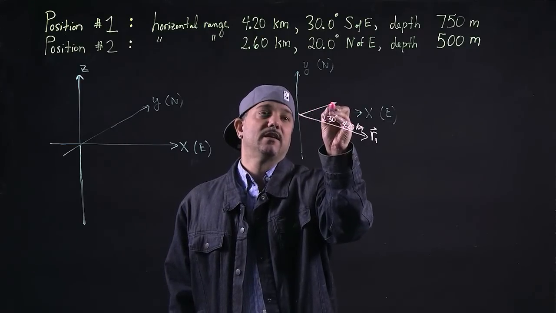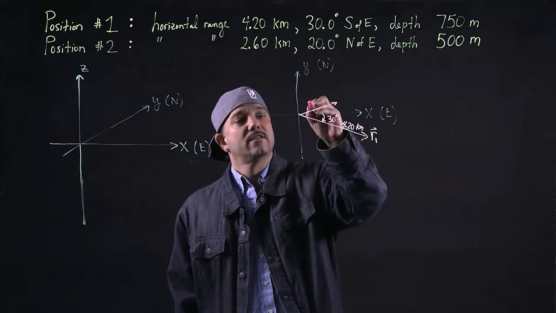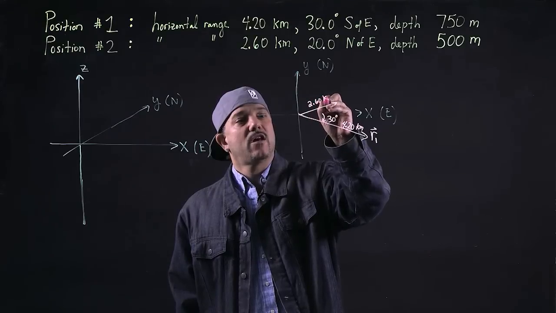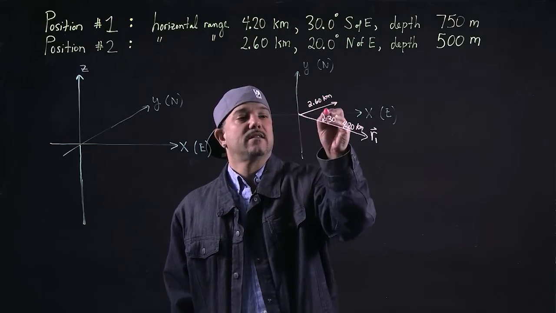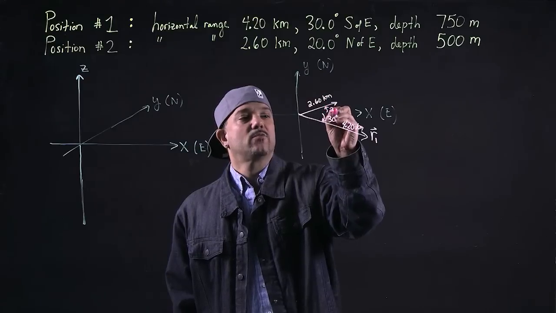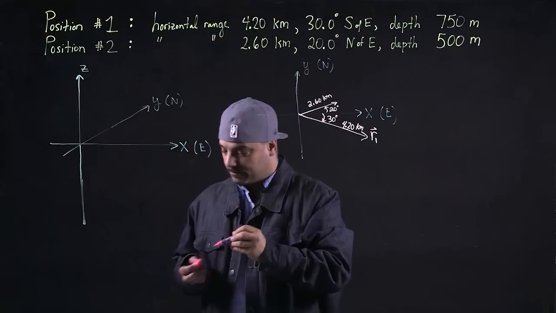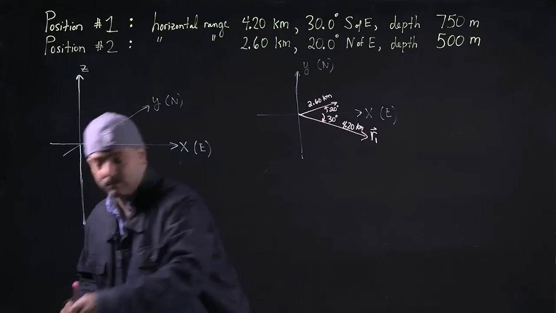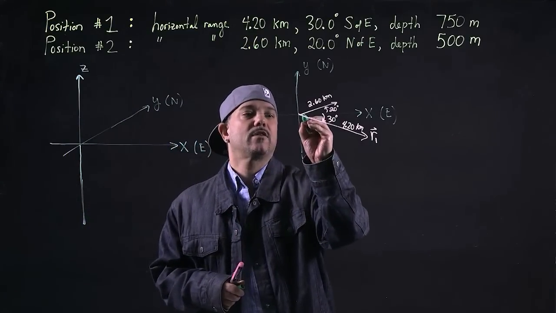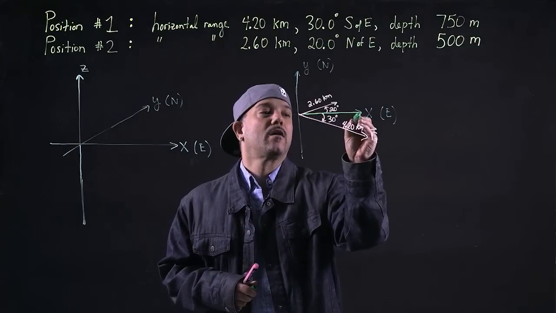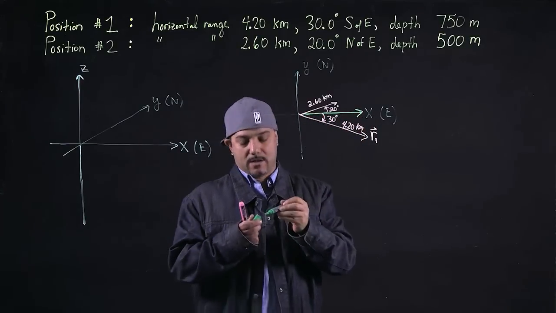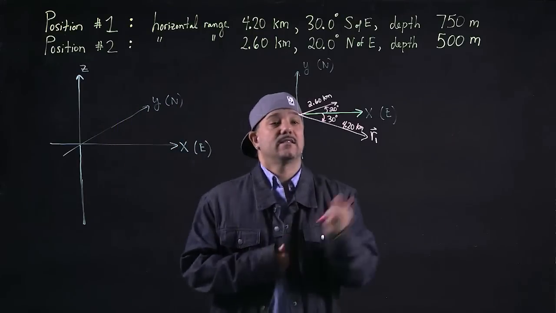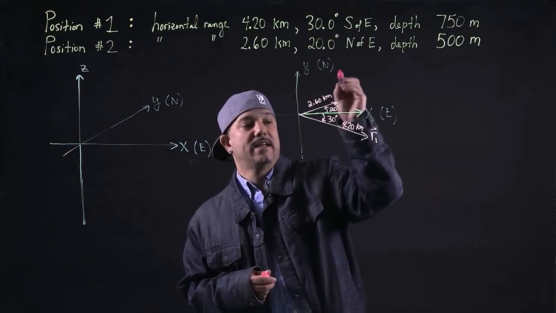So that's going to be, say, right here. This is 2.60 kilometers, and this angle right here is 20 degrees. Make this a little bit darker. And that is the location of our whale at time 2.